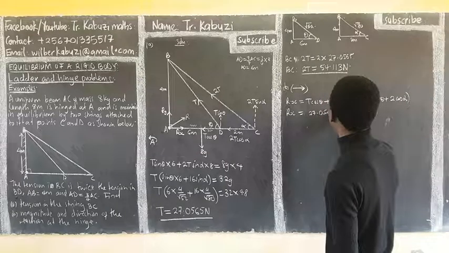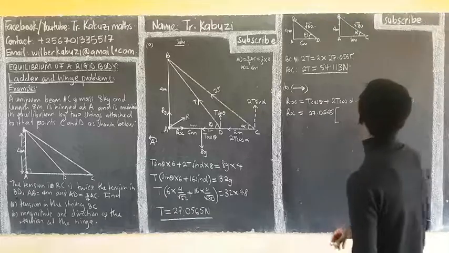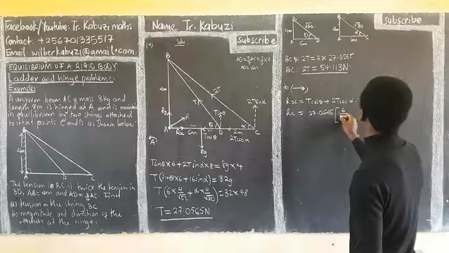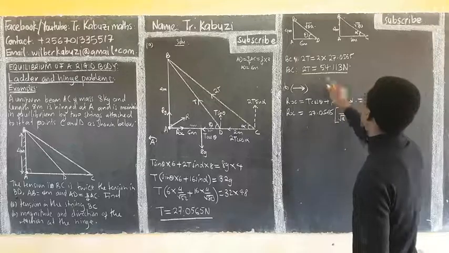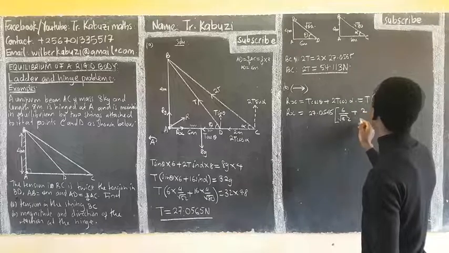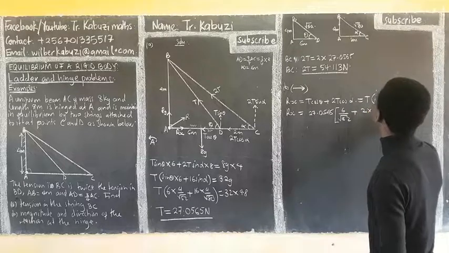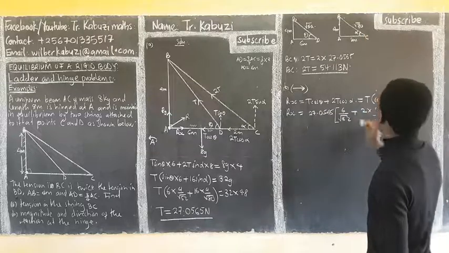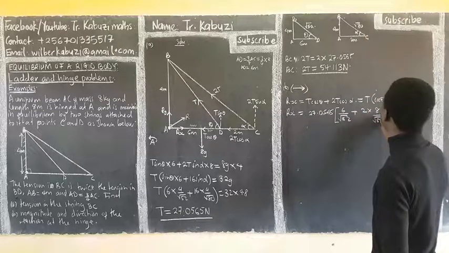27.0565 into cos theta. From here, cos theta is adjacent over hypotenuse. Then plus 2 times cos alpha, adjacent over hypotenuse, root 8.